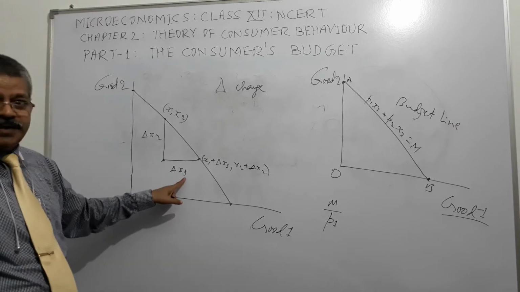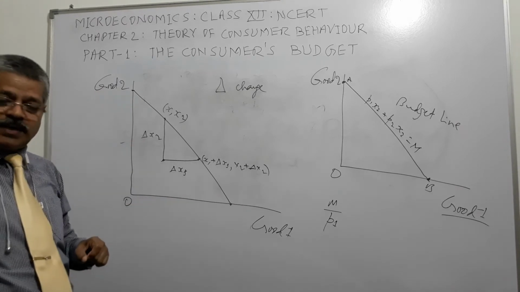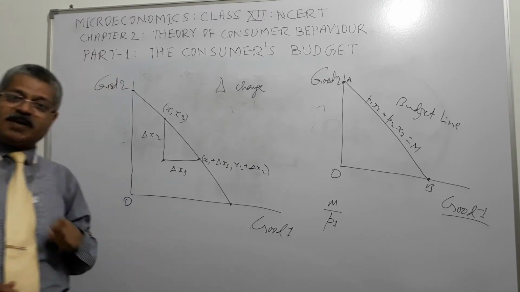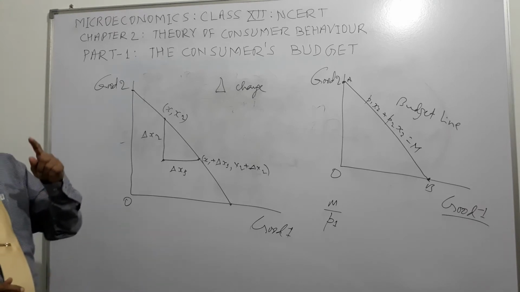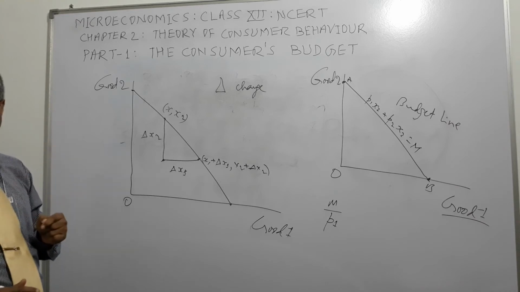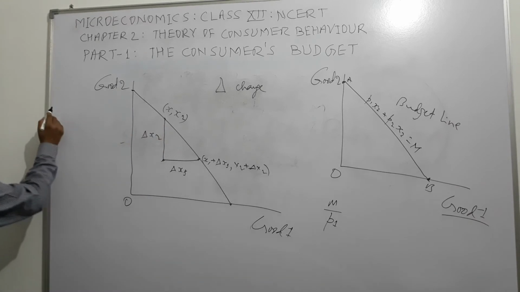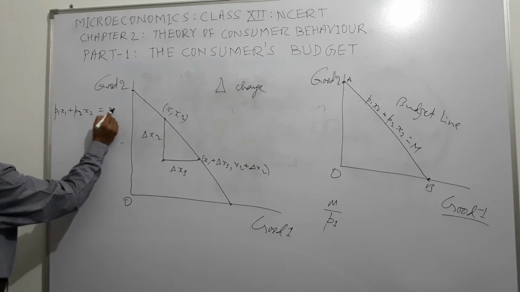Good 1 delta x1, good 2 delta x2, right? So now the formula says it must be the case that P1 x1 plus P2 x2 is equal to M. So you see here, P1 x1 plus P2 x2 is equal to M.